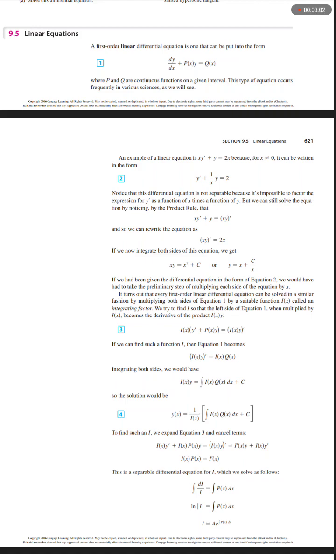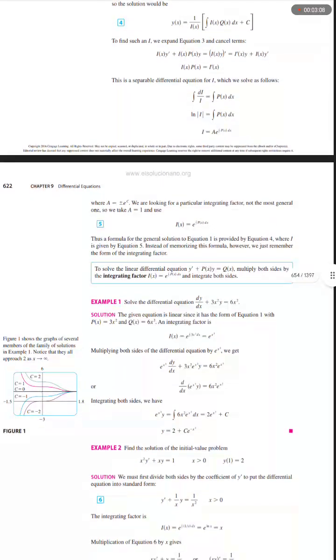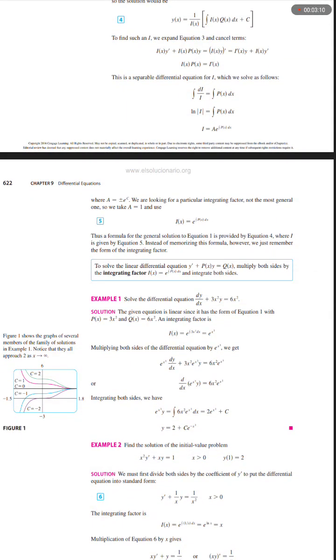To find such an I, we expand equation 3 and cancel terms. I(x) y prime plus I(x) times P(x) times y equals (I(x) times y) prime, which equals I prime of x times y plus I(x) times y prime.